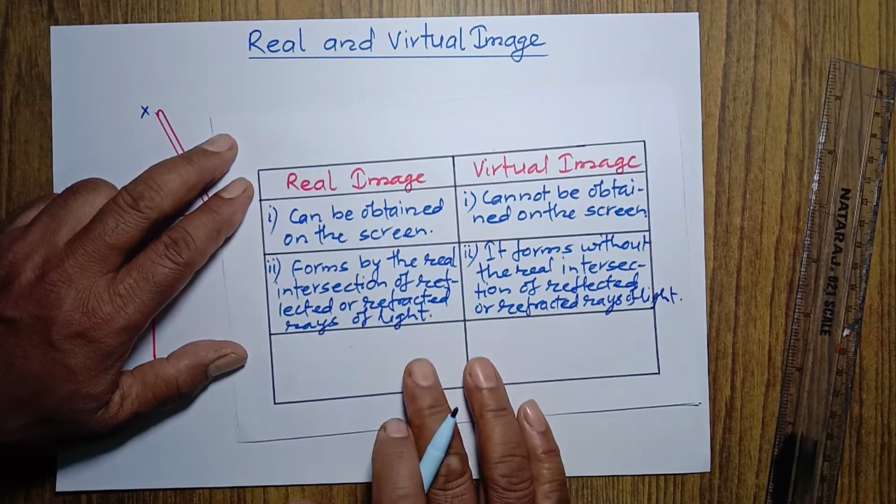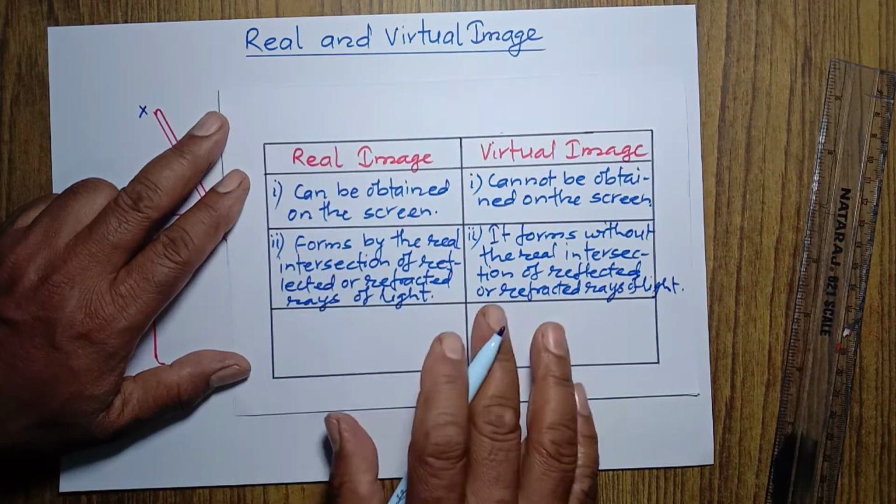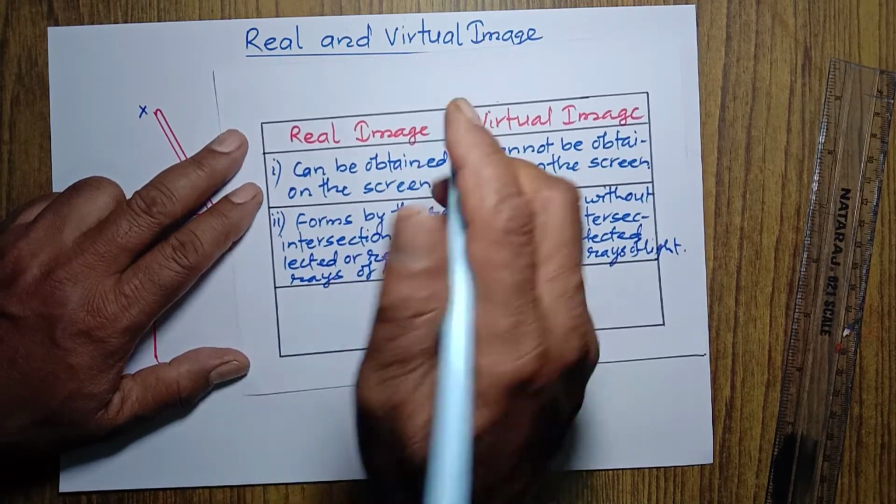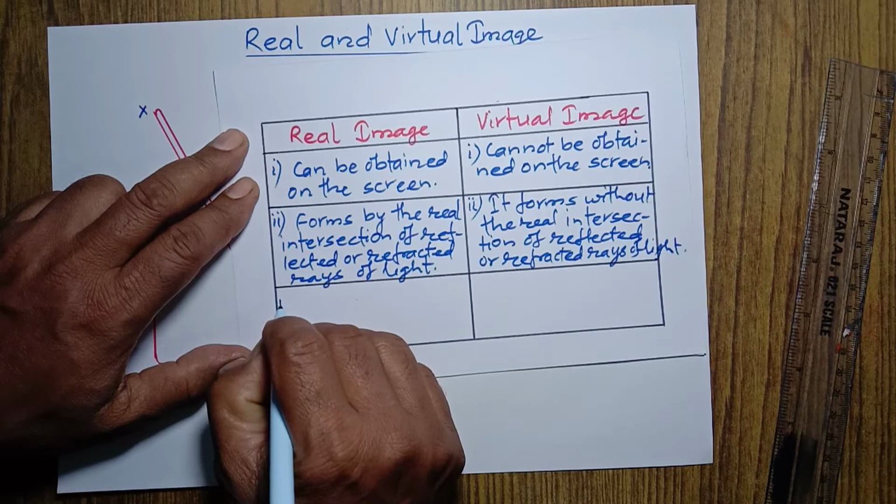Now there is another difference also. We can say light really reaches up to the image in case of a real image.